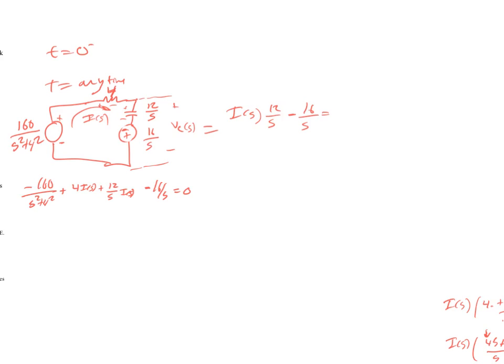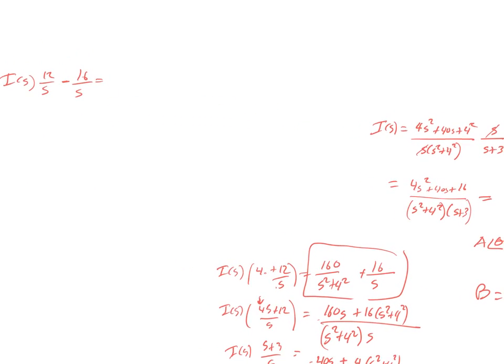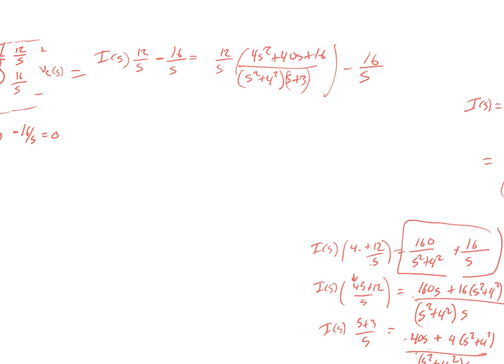That's equal to VC of S. My I of S, I've already gotten down to a pretty good form. So that's going to be equal to 12 over S times 4S squared plus 40S plus 16 over S squared plus 4 squared times S plus 3 minus 16 over S. That is my VC of S.